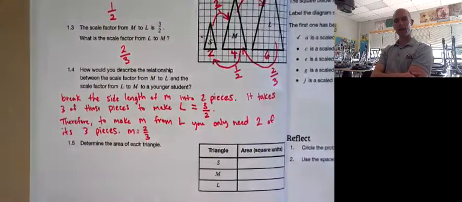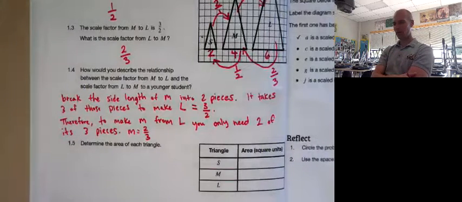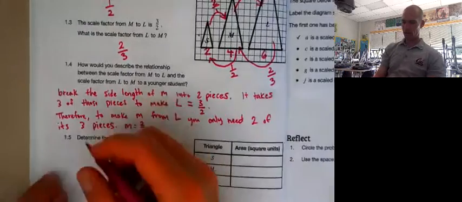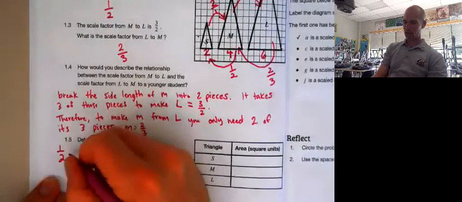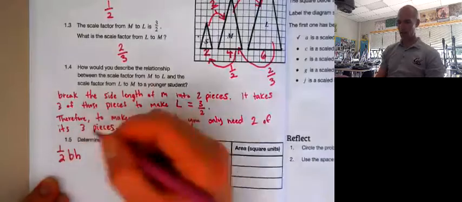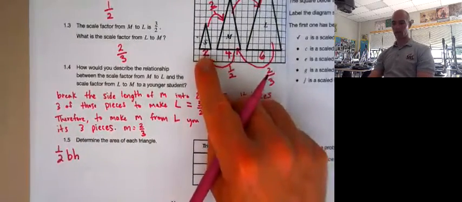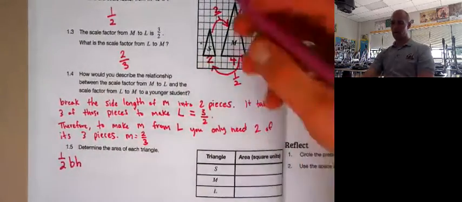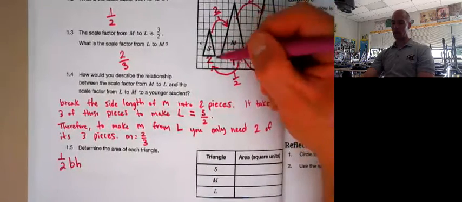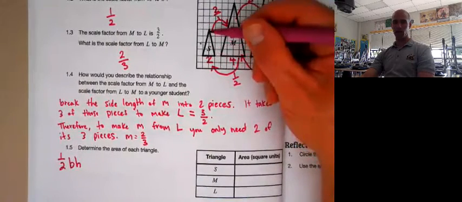All right, determine the area of each triangle. Oof. You're supposed to know the formula for the area of a triangle in order to be able to do this. So that's going to be 1/2 times the base times the height. The base of a triangle is this number across the bottom. The height is how tall it is straight up and down, not on the diagonal.